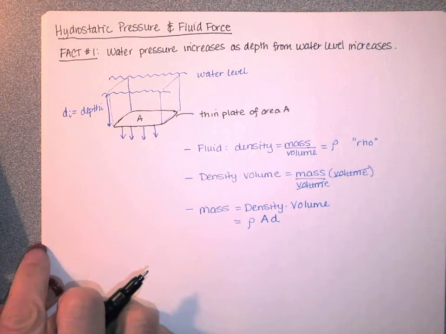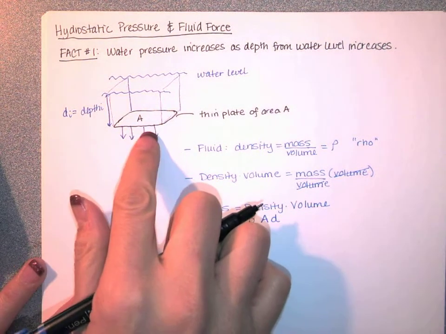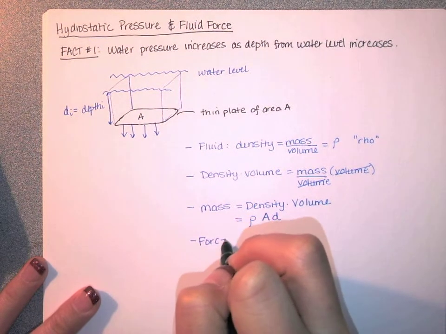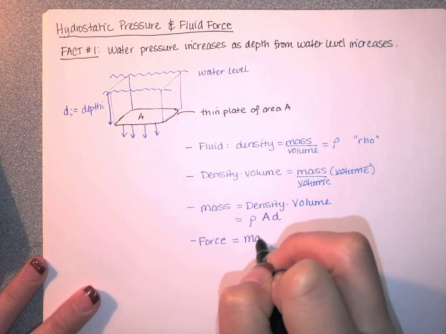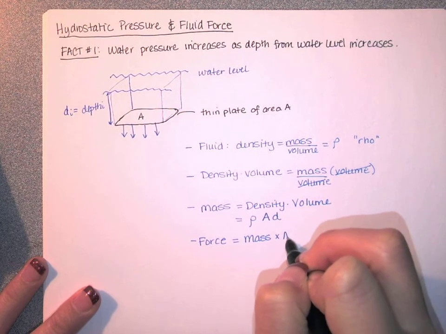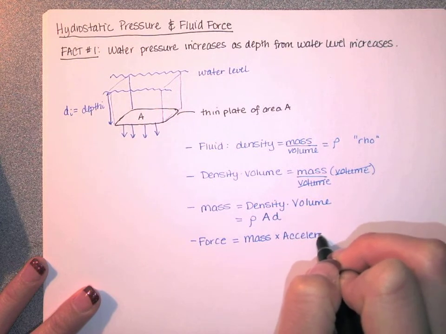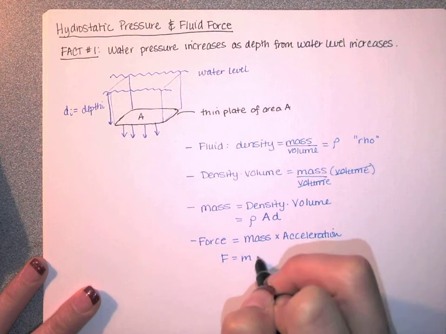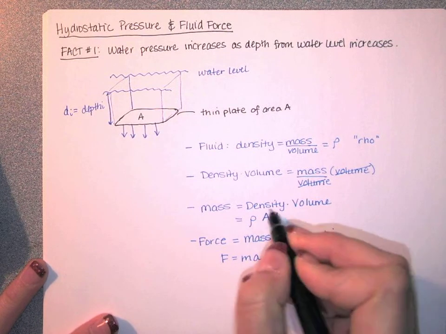So if I want the amount of force that's acting on this plate A, that's going to be mass times acceleration. We know that's true. Normally we write it this way, F equals ma. But this piece is our mass.